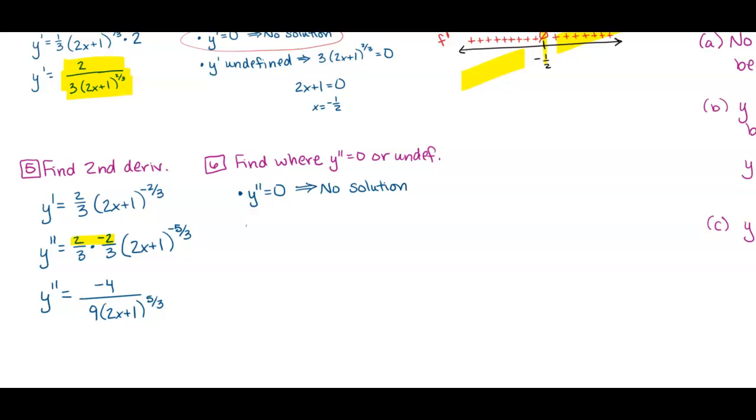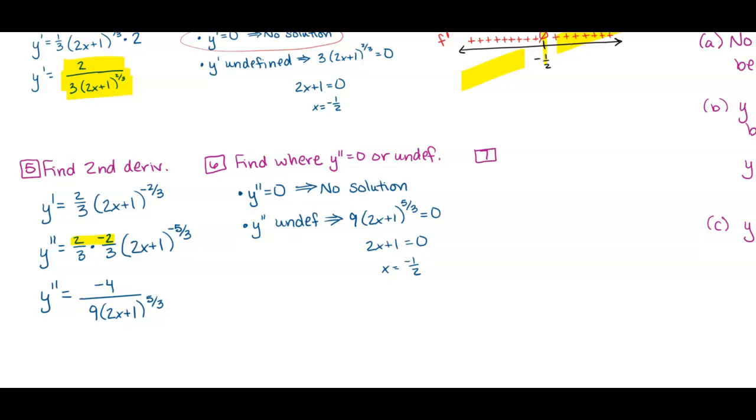So all we're interested in this time is where y double prime is undefined. And that will require the denominator to equal 0. And just like before, that just requires this 2x plus 1 to equal 0. And so negative 1/2. We're looking at a very similar sign chart, but be careful, it's not going to be identical because we're going to be plugging numbers into the second derivative instead of the first derivative in order to determine whether it's positive or negative. So that'll be our next step.